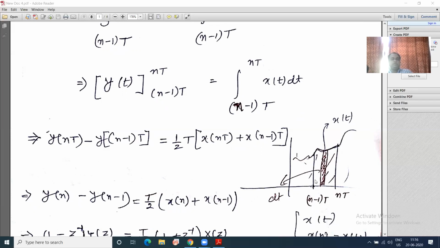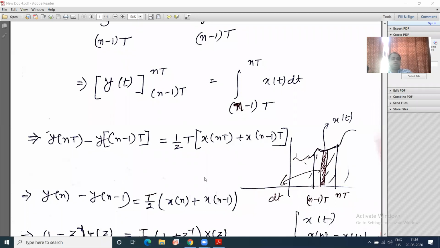Now if I integrate over the limit (n-1)T to nT, I can write this equation because this is the computation of area under the curve. Now this is a trapezoid, so we can write half times the sum of the parallel sides multiplied by the width. So x(nT) is this side, x((n-1)T) is this side, the sum of these multiplied by the length of the interval, which is T, and half times.